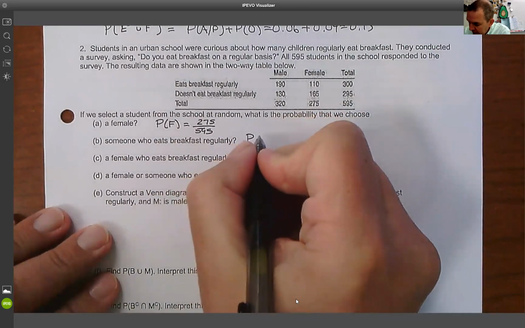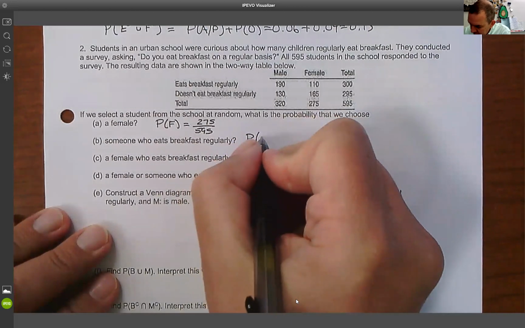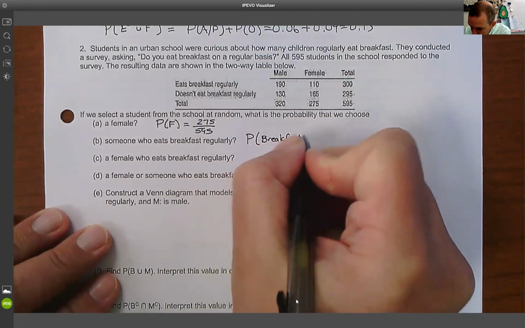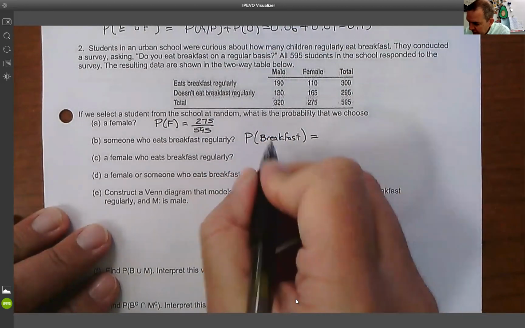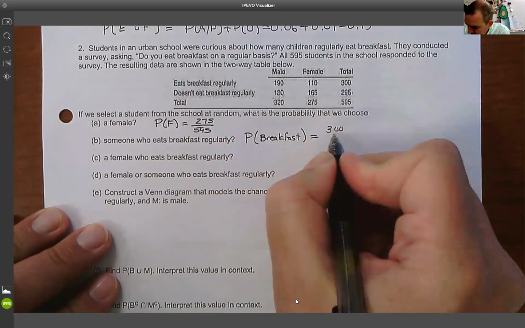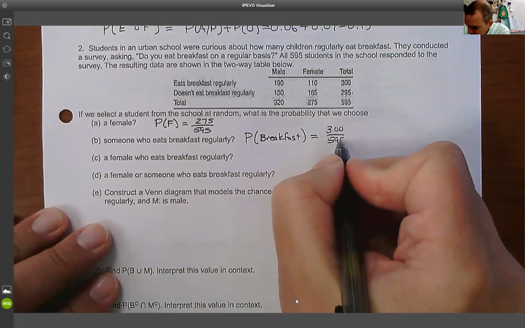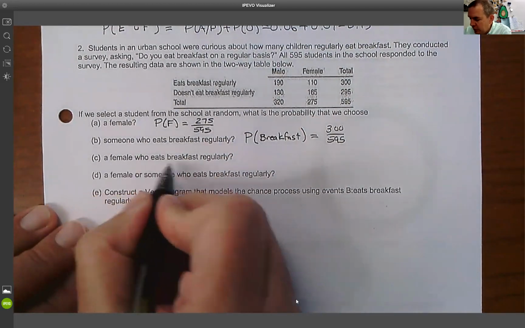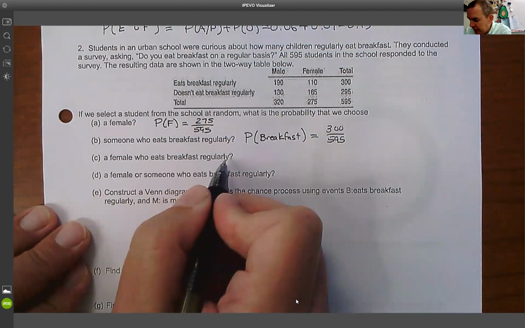This one is the probability of eating breakfast regularly. So we'll say probability of breakfast, or B for breakfast, either one. If we eat breakfast regularly, it's these 300 people out of the 595. Again, these are the marginal distributions. What is the probability of a female who eats breakfast regularly?